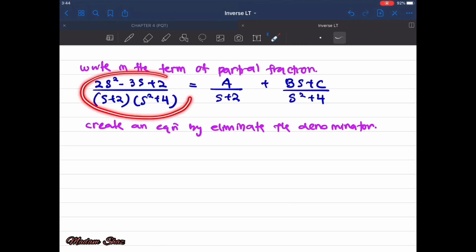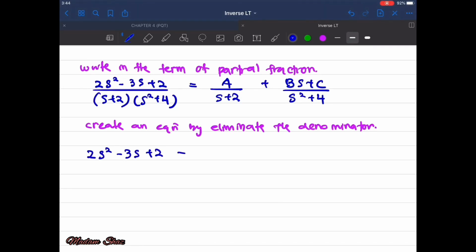For the left hand side, we will copy everything at the upper side. 2s squared minus 3s plus 2 is equal to A divided by s plus 2.